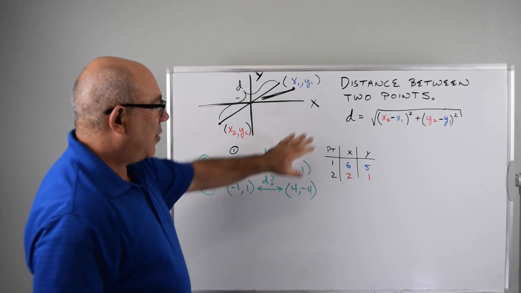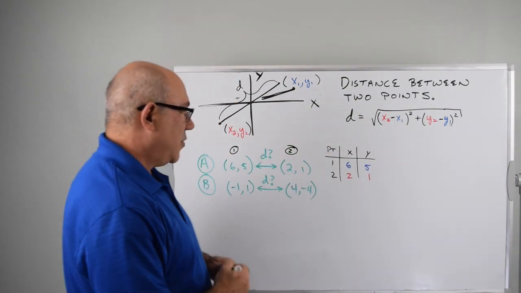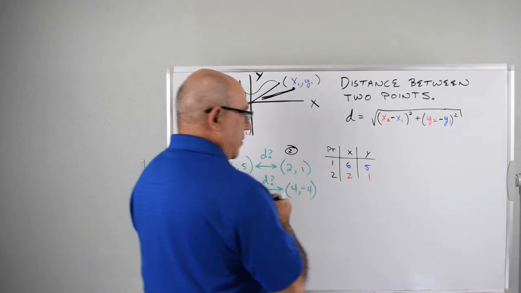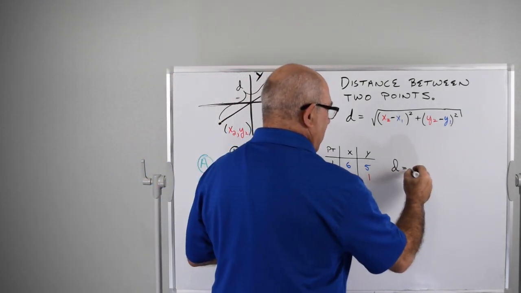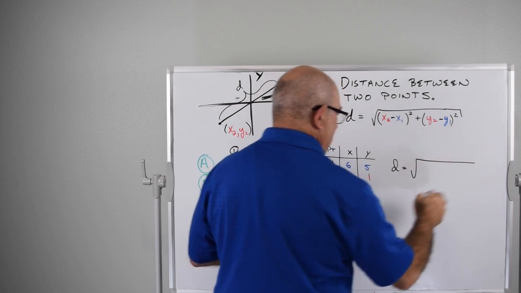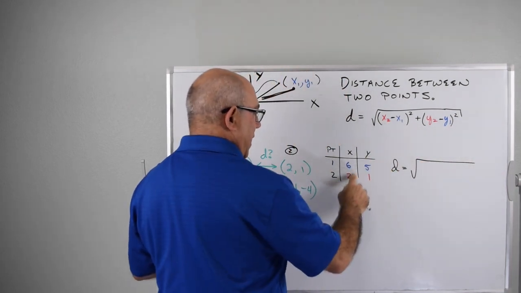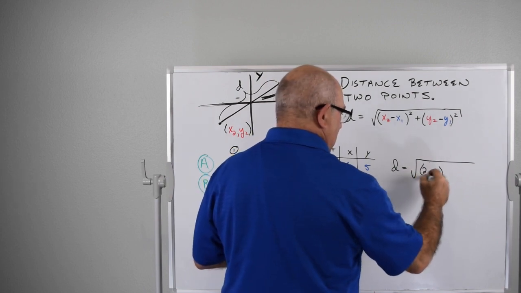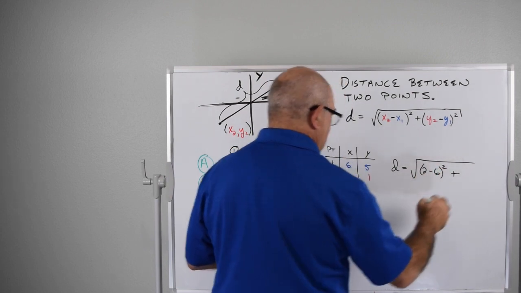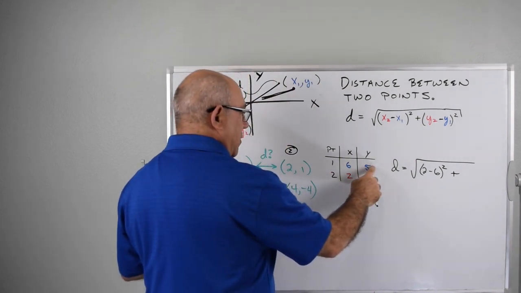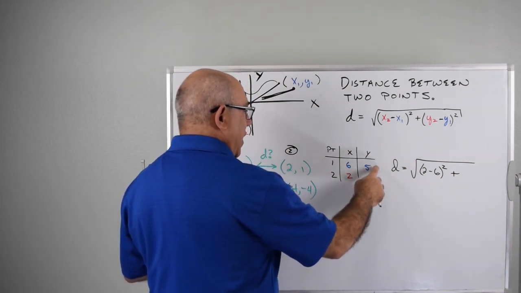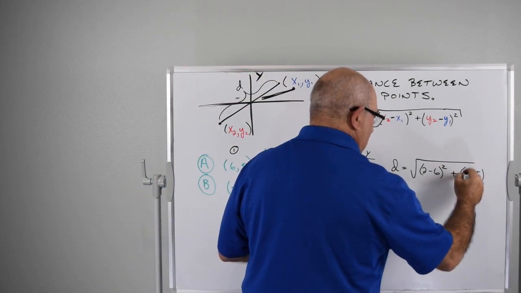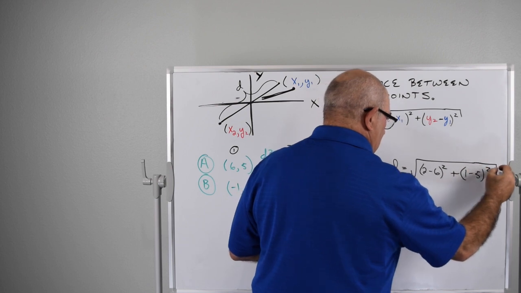And so what I want to do now is plug these into the distance formula to find that distance. So once you have the table, then you just plug into the formula. So we will have d equals the square root of x2 minus x1, which is 2 minus 6, squared, plus y2 minus y1, which is 1 minus 5, squared. Okay?